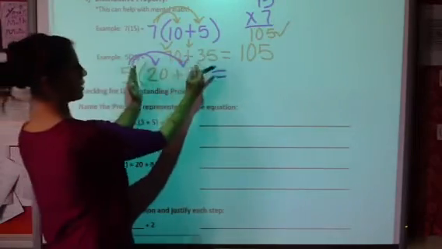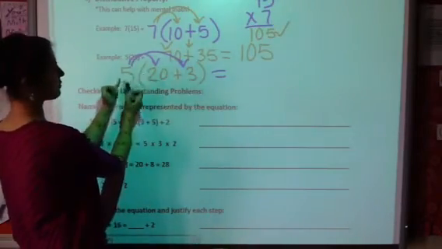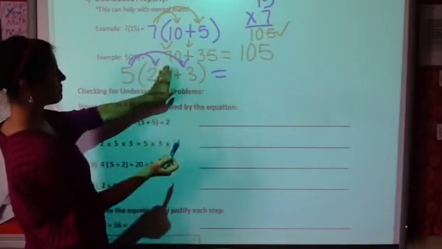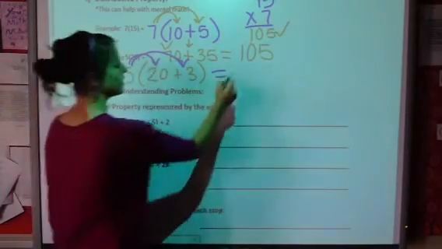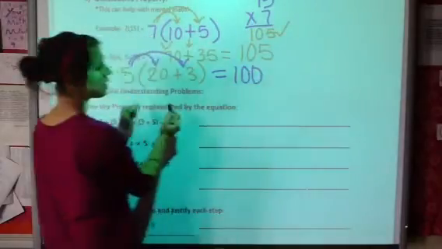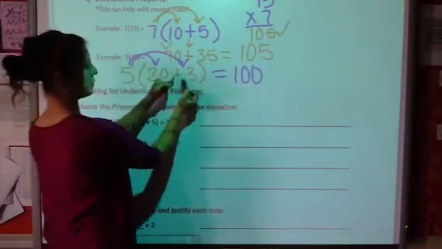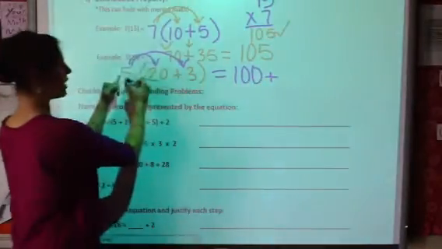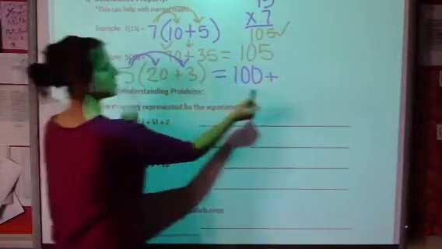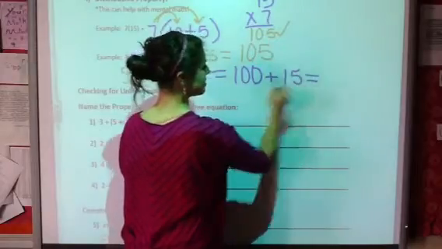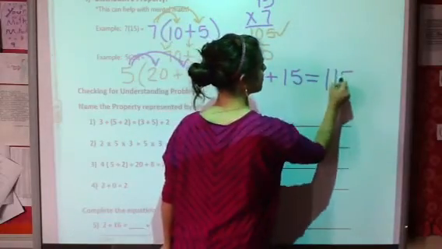Again, a number and a parenthesis means to multiply. So 5 times 20, we'll think of 5 times 2 is 10, add on another 0, I get 100. Then, keeping the same sign, 5 times 3 is 15. So I add 15. Well, that's easy. 100 plus 15 is 115.